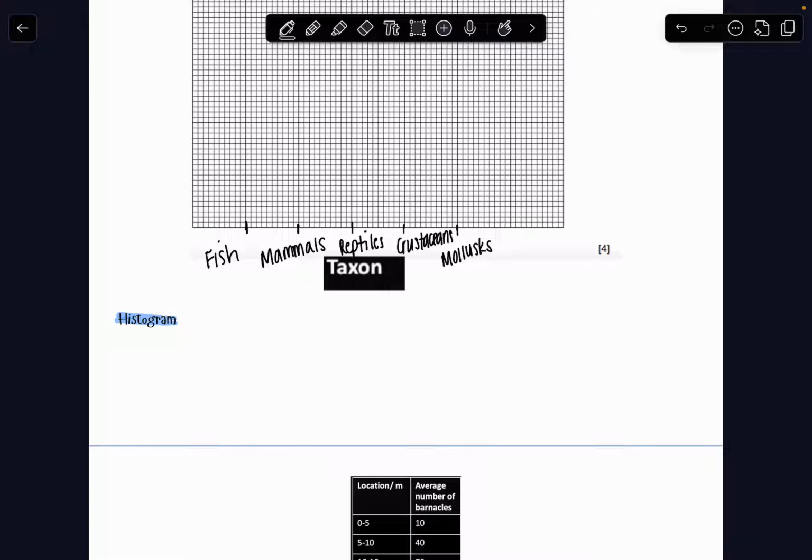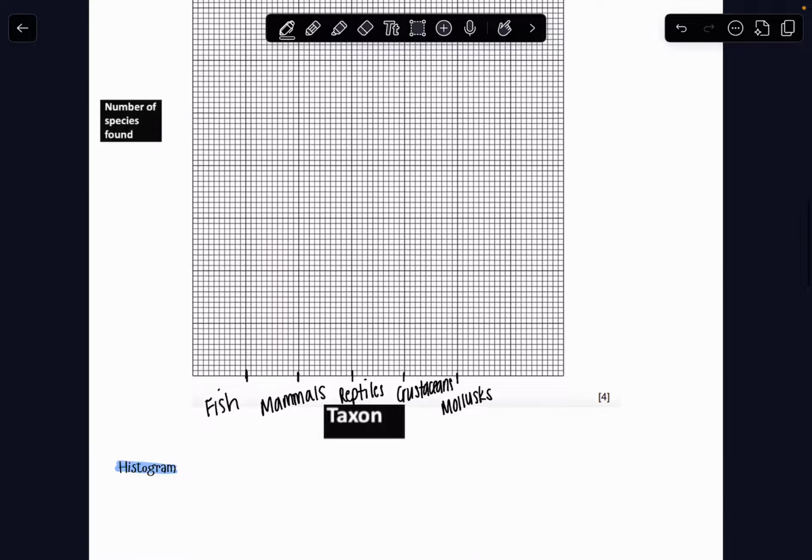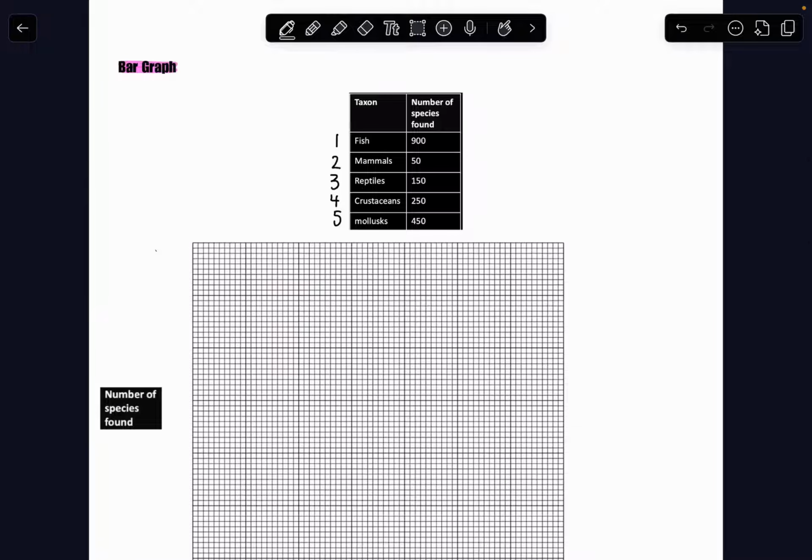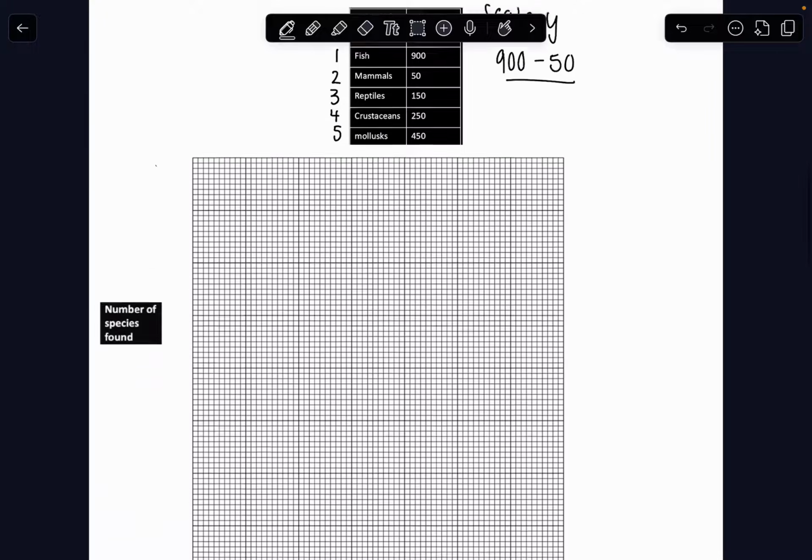I want to make sure that I also scale my y-axis. For the y-axis, we're going back to what we did for the line graph. The scale for y, you would take your high number minus your low number and then divide by the number of boxes, or you can divide by the number of darkened lines.